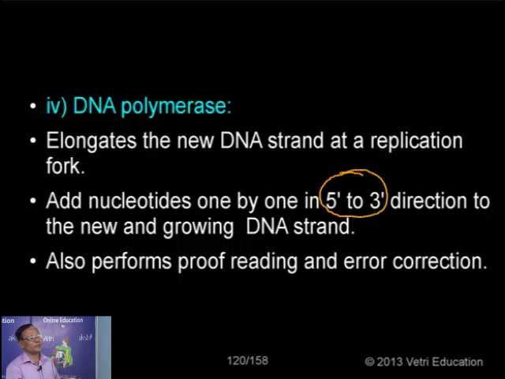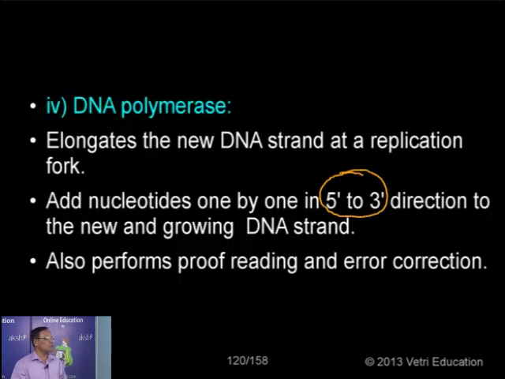Starting point 5', ending point 3'. So this enzyme DNA polymerase adds the nucleotides one by one in the 5' to 3' direction to the new, growing DNA strand. This is the role of DNA polymerase. So a polymer of nucleotides is formed because of the addition of nucleotides one by one in the 5' to 3' direction with the help of DNA polymerase.